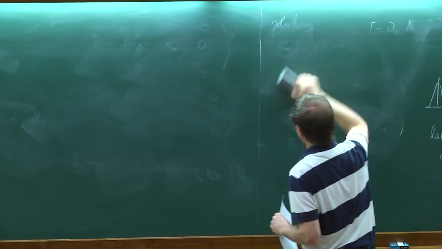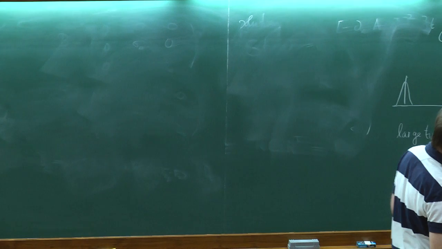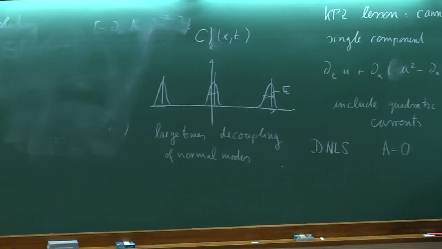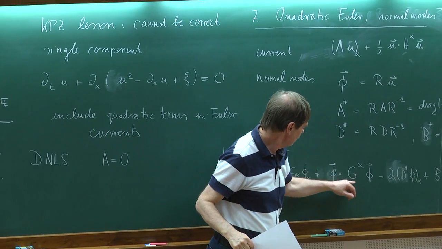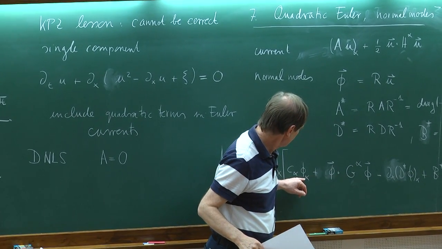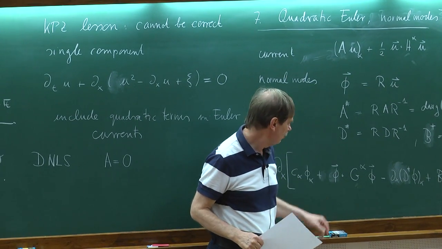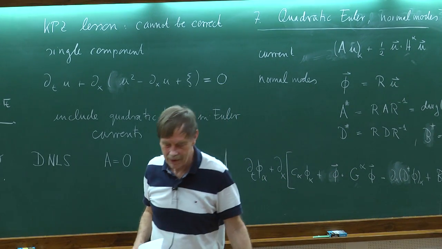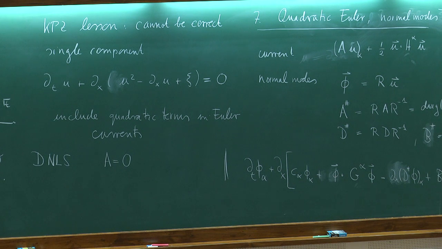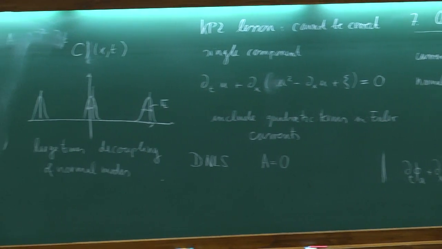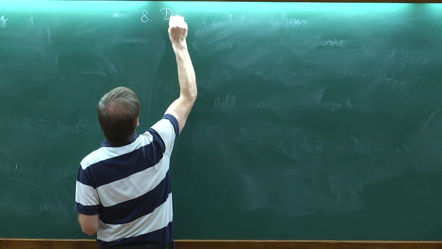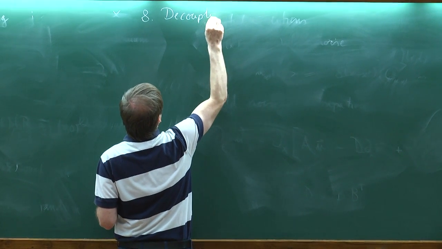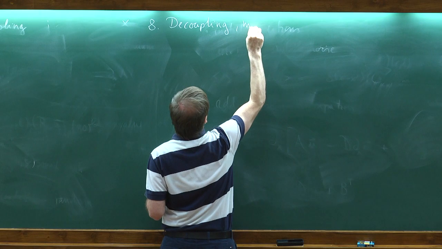I'm already in the normal mode representation, so I simply say that I can drop all terms which couple different components of phi. Now this is not the correct decoupling. This is a little bit too naive. But this is what we did for the linear case. So it was decoupling and mode coupling.